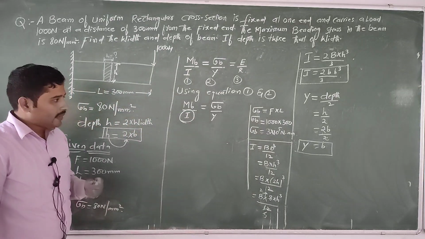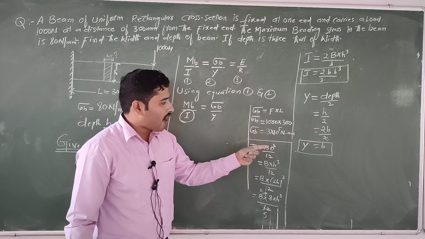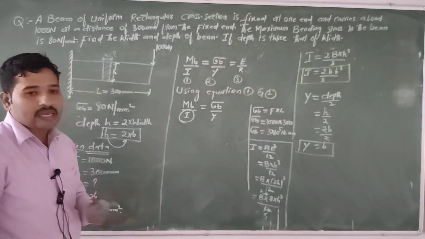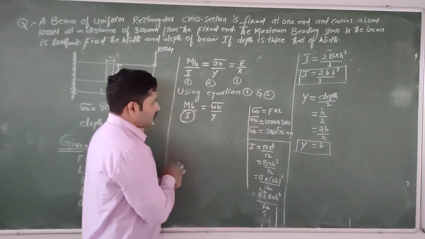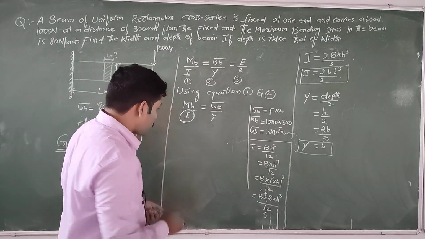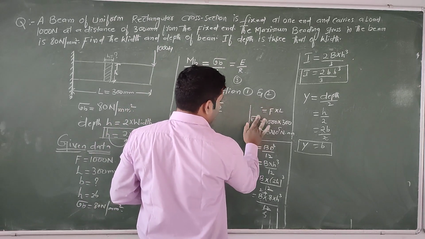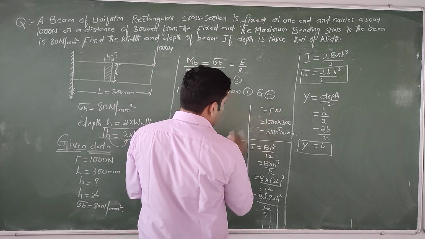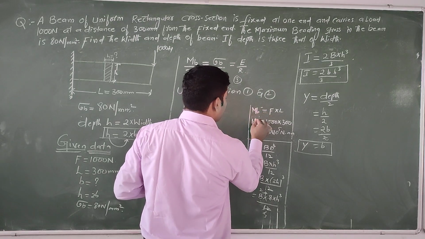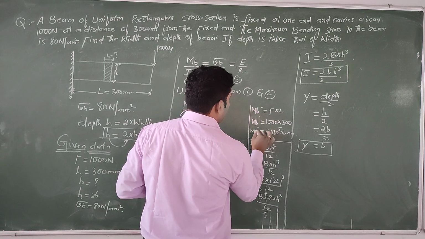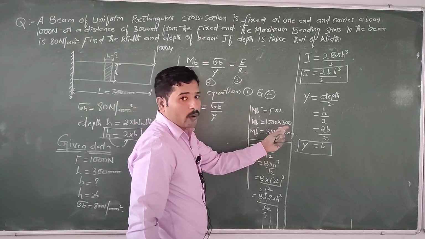Is it right? Then once you have the value of sigma b, I and y, you need to substitute in this equation. MB, sorry, that is the value of bending moment. MB, bending moment, how much is there? 3 into 10 power of 5 Newton mm.